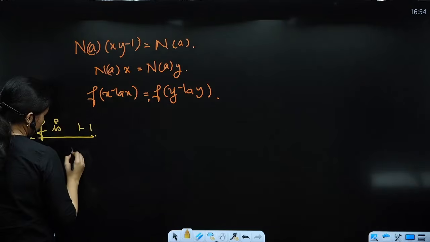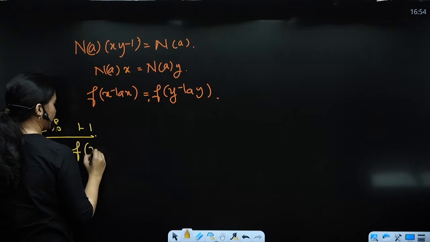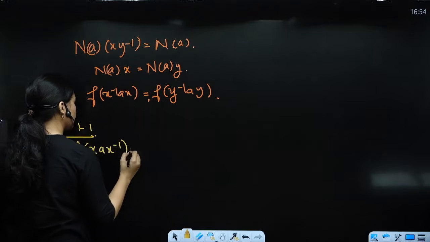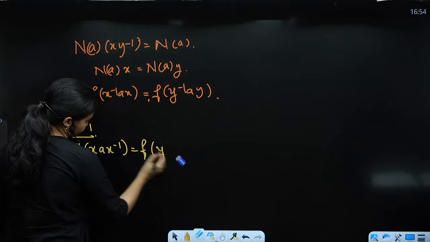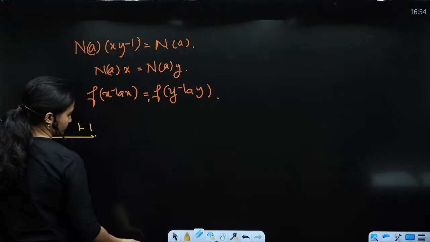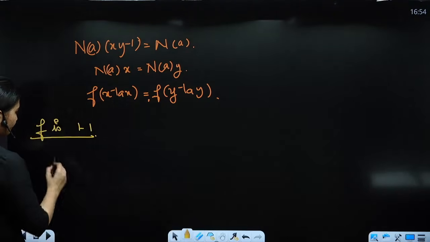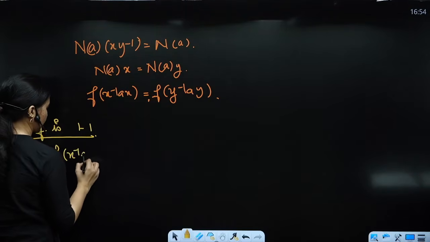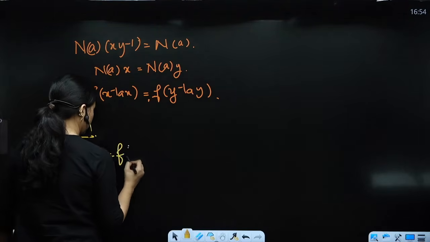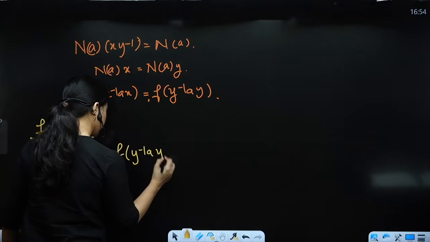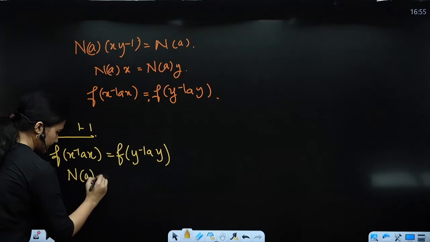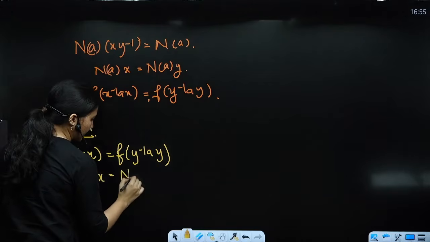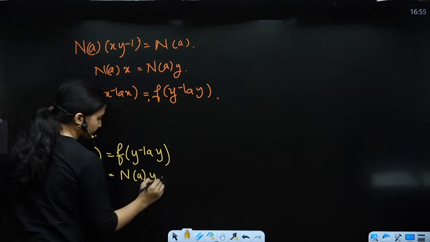So let's say the two outputs are f(x) equals f(y), that is x inverse a x equals y inverse a y. So this is going to be Na x equals Na y, right?